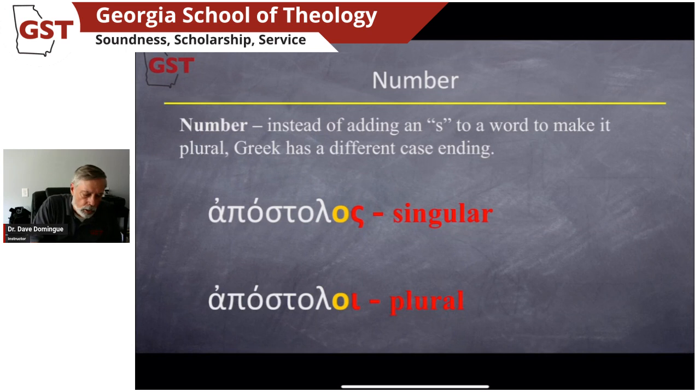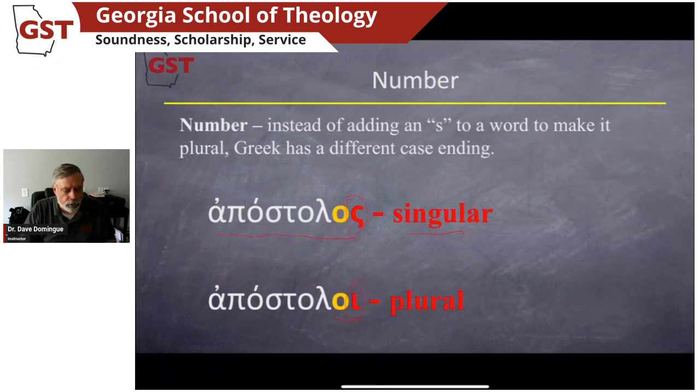In this case, apostolos is the singular for apostle. So it's just an apostle or the apostle, either way, depending upon the article that's used. But if I want to talk about all the apostles, whether that's 12 or 11 or what number, it's going to be plural and it'll have a different case ending. The case ending here versus here, and that is also nominative.